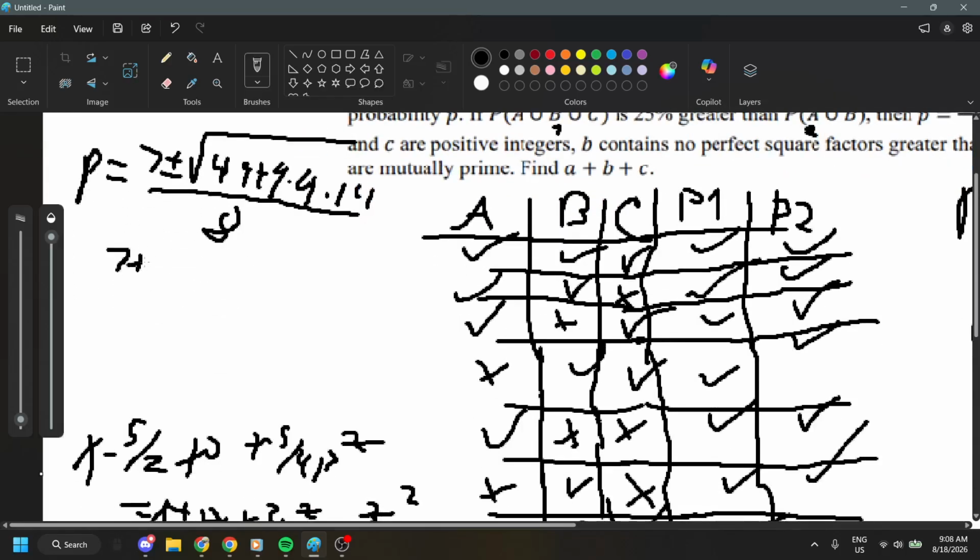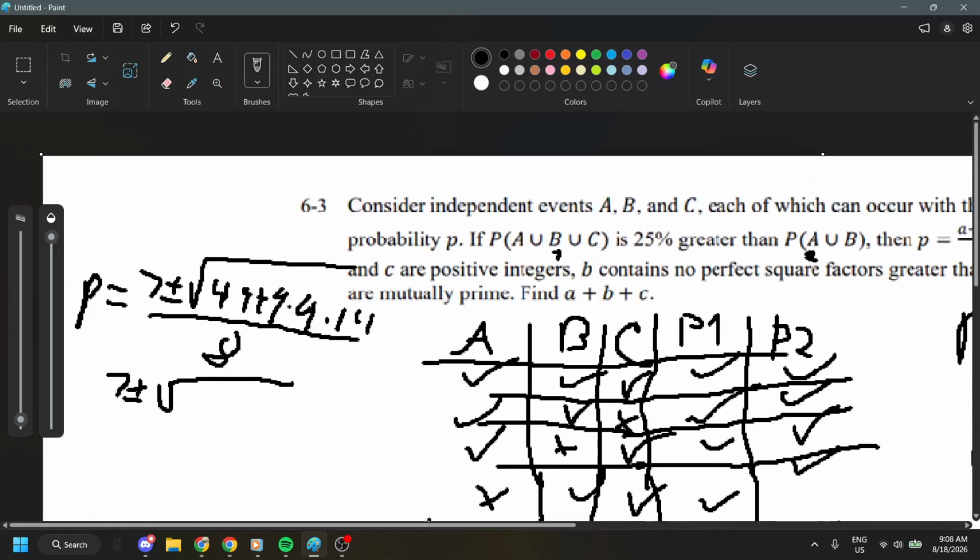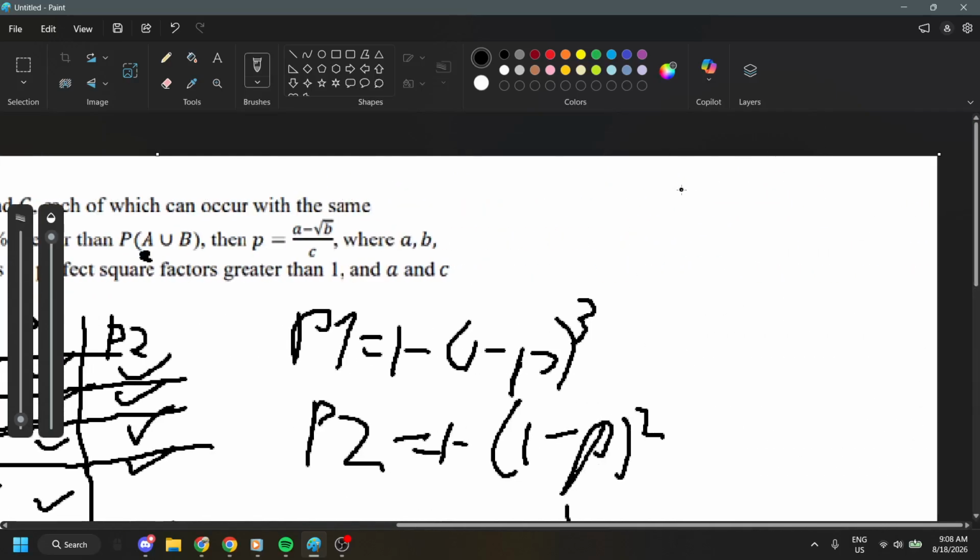So we get 7 plus or minus the square root of 49 plus 16 times 14. 16 times 14 is going to be 256 minus 32, which is 224, right? Yeah, 224.